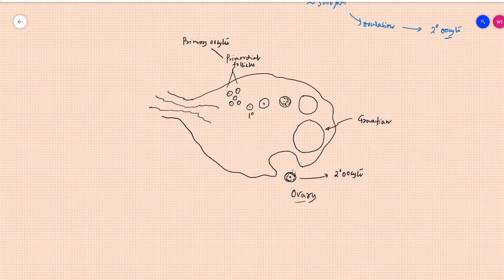Okay, and then what happens to this follicle is that again it gets invaginated, or the membrane comes together, and it forms what was that called? It was called the corpus luteum. Okay, and if pregnancy doesn't happen, we said that the corpus luteum just kind of degenerates. Okay? So this is a young corpus luteum.